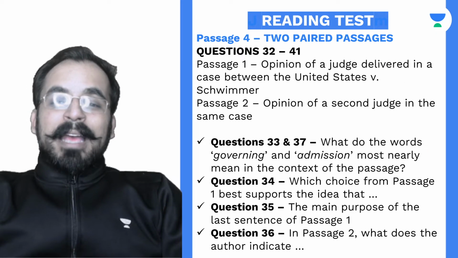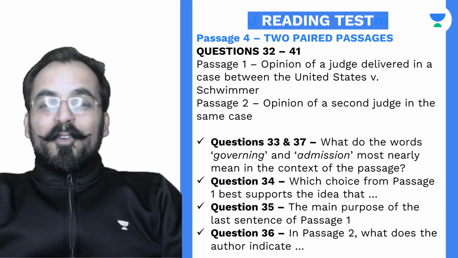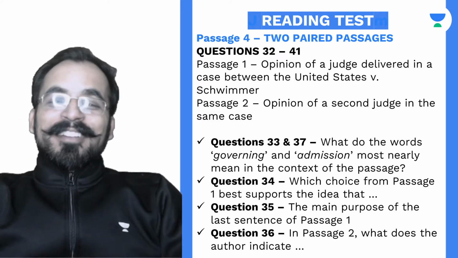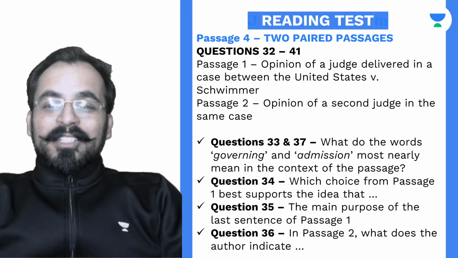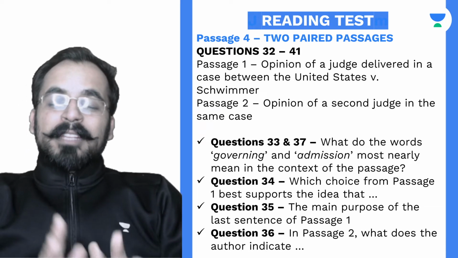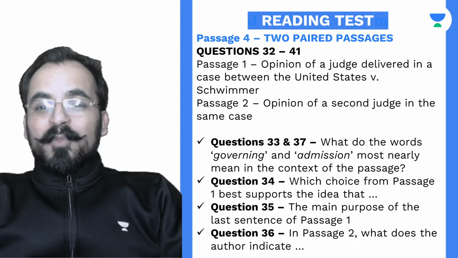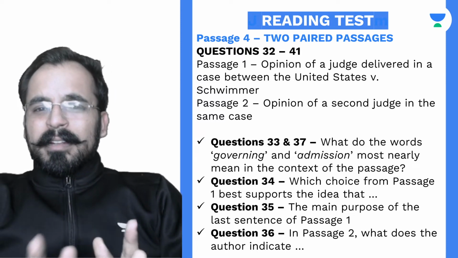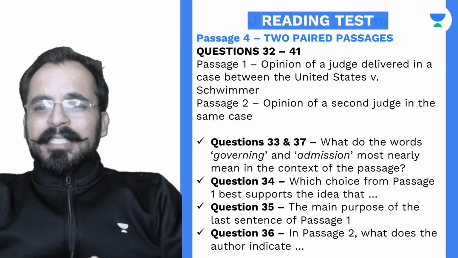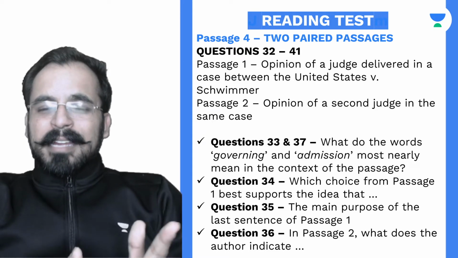Now let's come to passage 4. Passage 4 was the most difficult. They were paired passages, and questions 32 to 41 were based on them. Passage 1 was an opinion of a judge in a case between the US and Schwimmer.